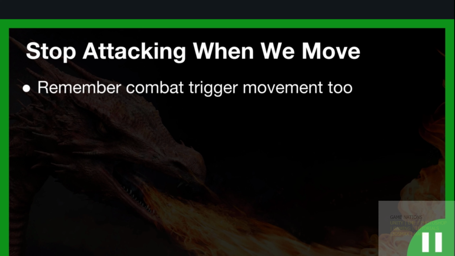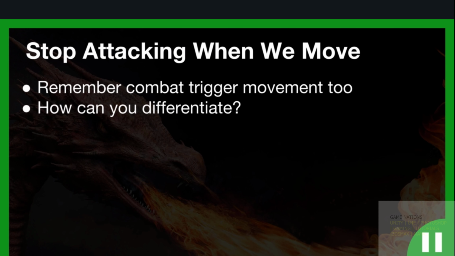So you need to differentiate between the movement that is an action, where you are clicking and that's the movement action and it should take priority over other actions like fighting, and the movement that is not an action, that is being used kind of as a library from the combat. So think about how you might differentiate those two and make it so that your combat is cancelled when you move as an action. Pause the video and have a go.